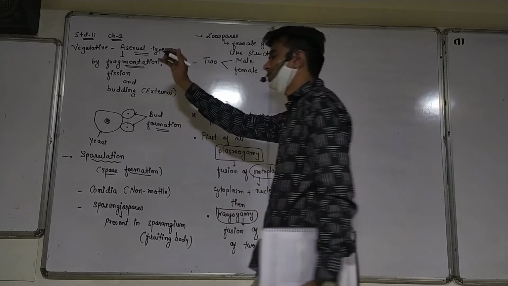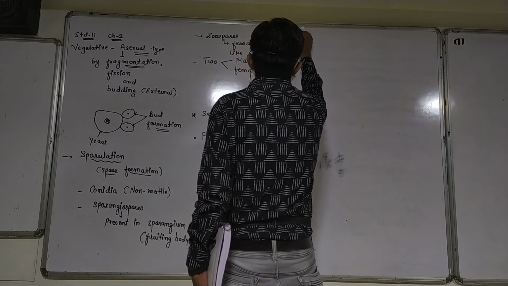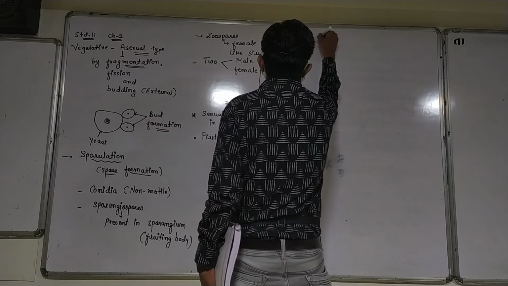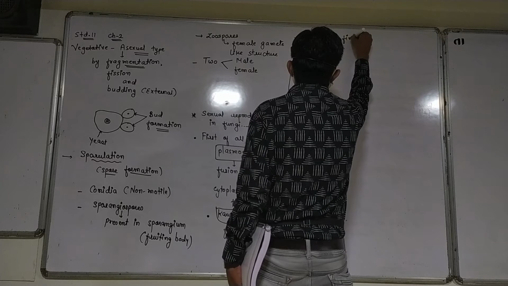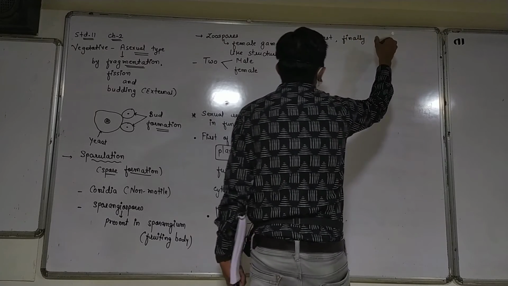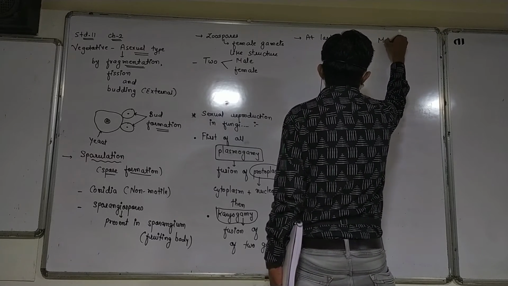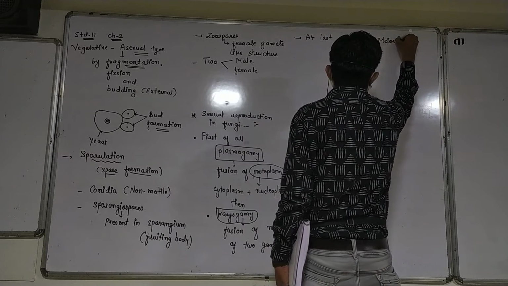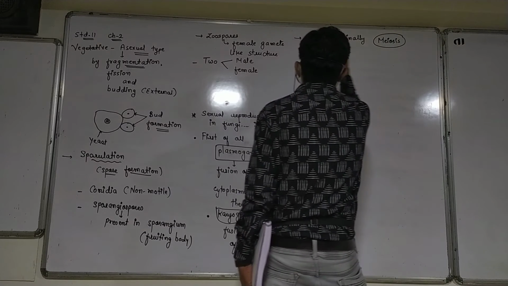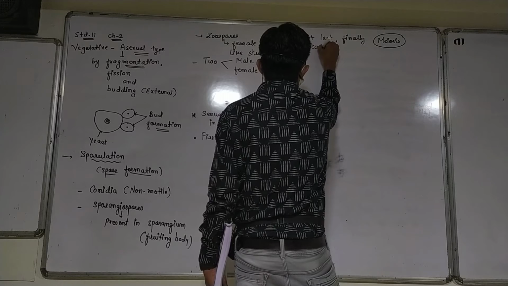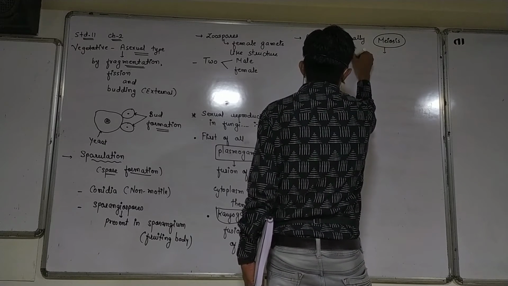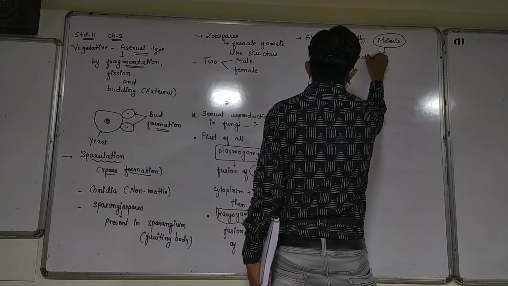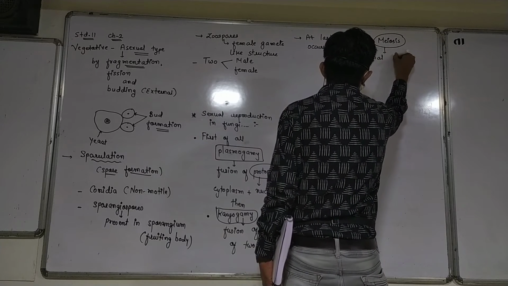Now the third, at last, finally, meiosis occurs. You know that meiosis is nothing but reductional division.